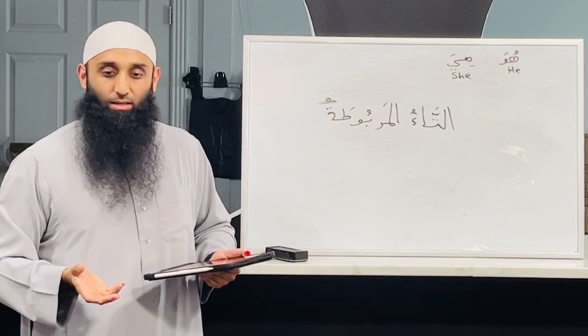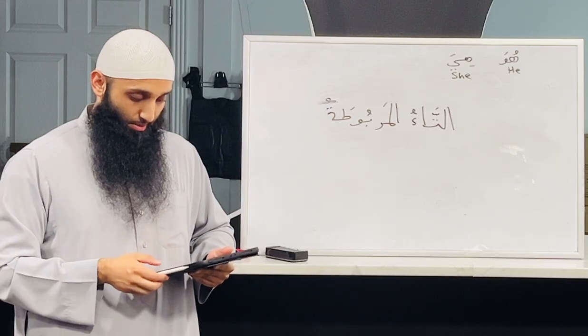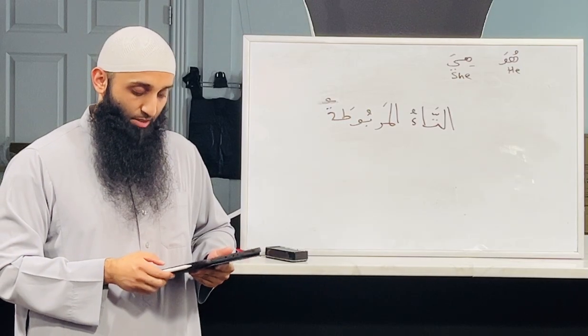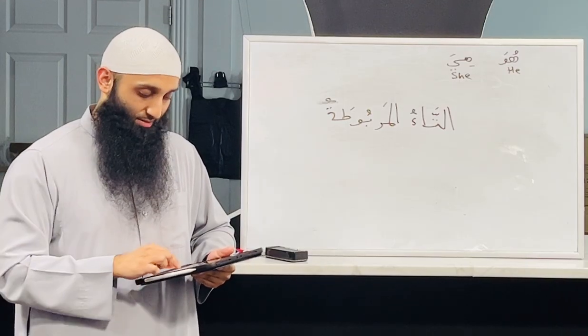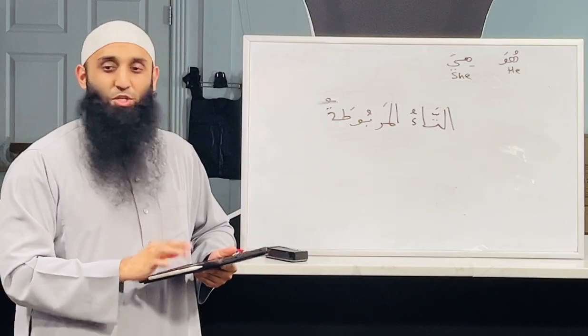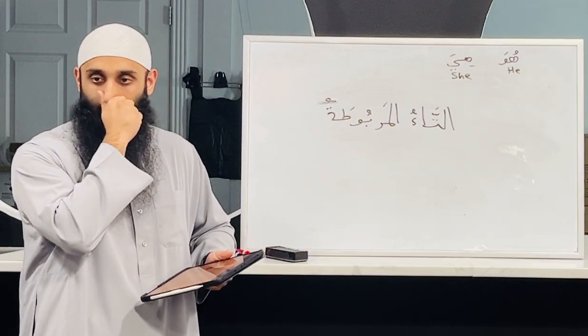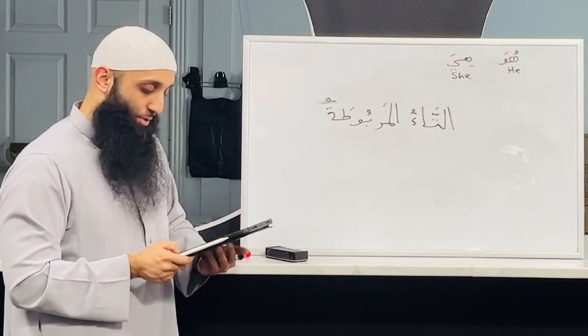Ma hadihi. What's this? What's the response? Can someone read? Hadihi mikwatun. What does that mean? This is the iron. Nice drawing. Okay. Do you understand the hadihi part? Right? And the ta marbuta part? Okay. Who can read the next sentence?